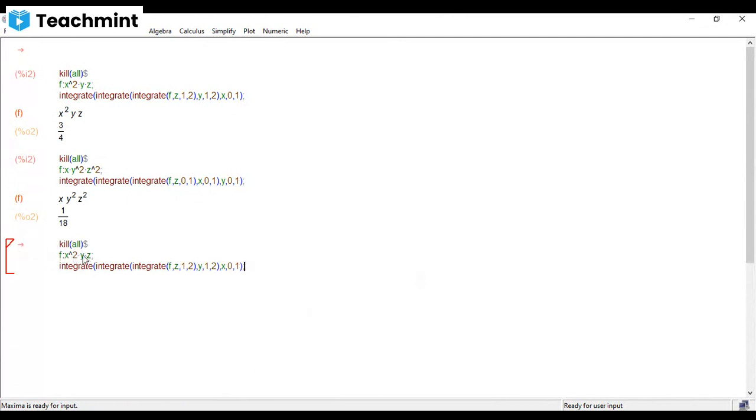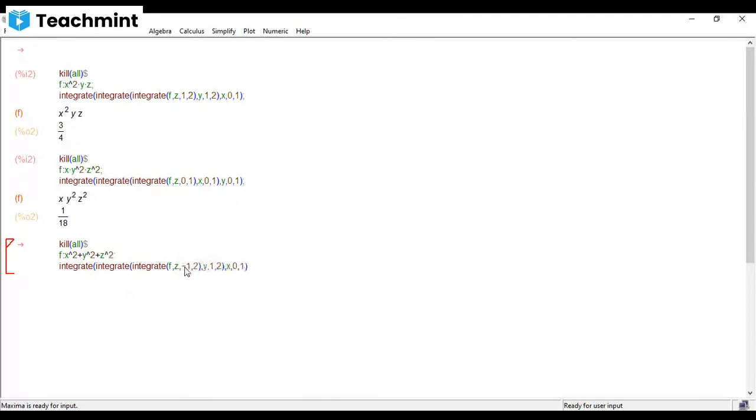It is x square plus y square, y cap 2, plus z square, z cap 2. Right? First we have to integrate with respect to z, and z varies from -1 to +1.